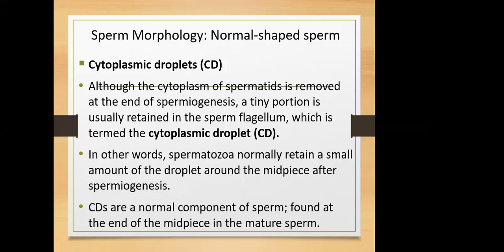Once that's extruded, these things come out, they stay part of the residual bodies, but they are no longer within the cell. They have been forced to come out. And now the Sertoli cell can phagocytose that aspect.